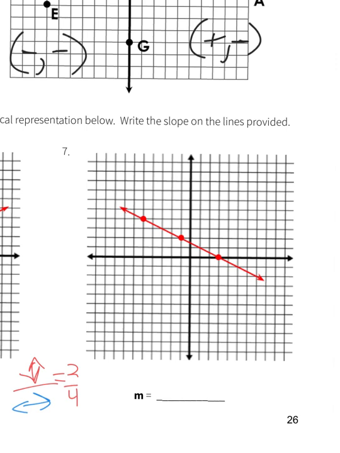So because my points, I start with my leftmost point here, and you could see that I'm moving down. If I'm moving down, it's negative. So I'm down 2 over 4. So my slope, because I'm going down 2, would be a negative 2 over 4.